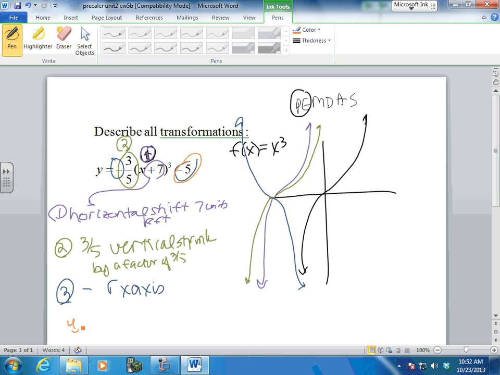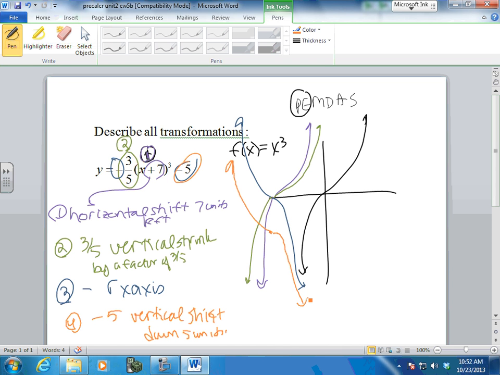So number 4, our minus 5 does what? Vertical shift, down, good. Vertical shift, down, 5 units. So we're going to just take this guy, look at its point right there. That's the easiest one to do. Visualize you dropping it here and just make your graph.